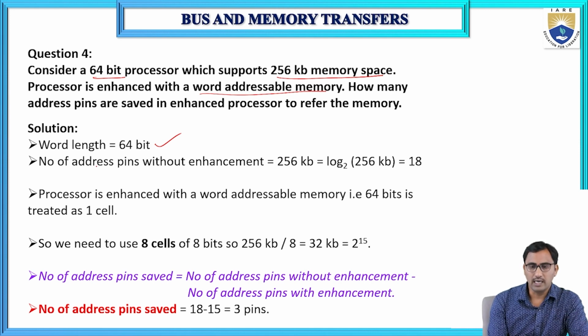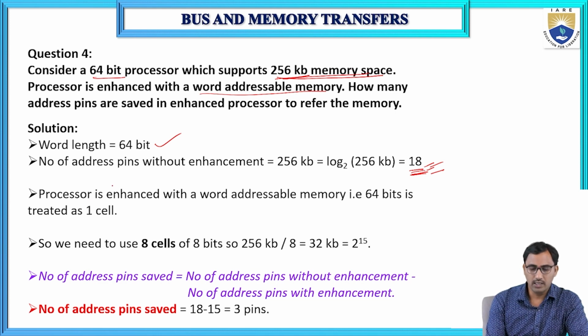Okay. In order to access 256 kilobytes of memory, we require 18 address lines, because if you take log of 256 K, then you will get the number of address lines. So without memory enhancement, we require 18 address lines for accessing the 256 kilobytes of memory.